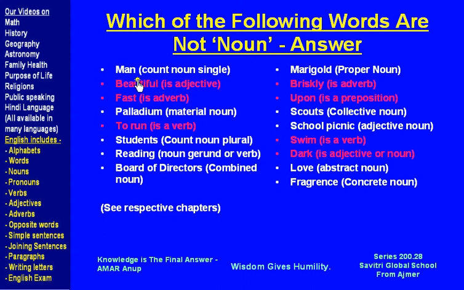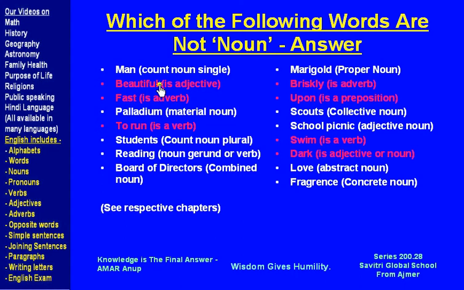The first word is man, which is a count noun because you can count 4 men, 10 men. This is a singular form, so it's single. Men is the plural form, but here it is a singular form, so it's a count noun in single form.